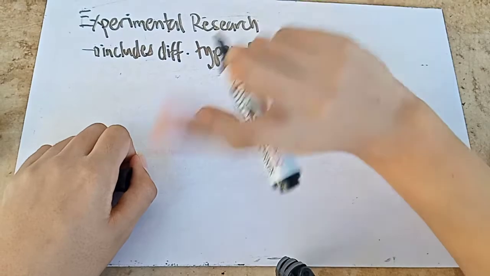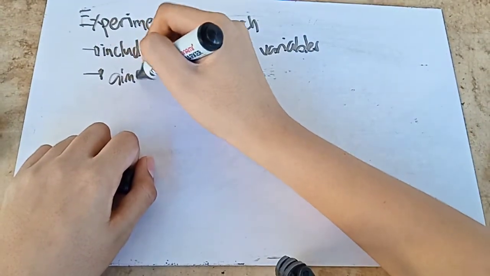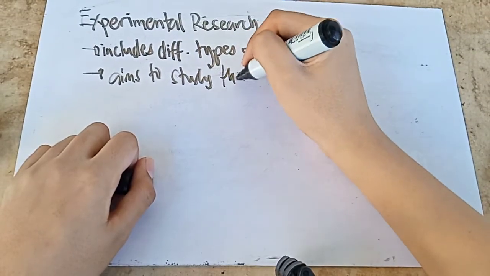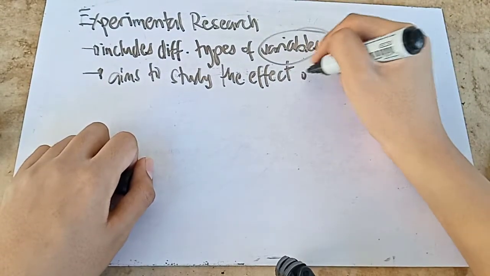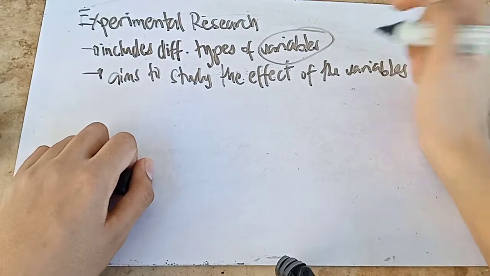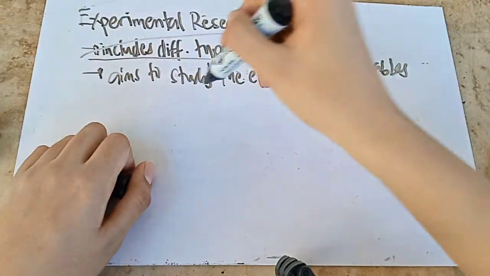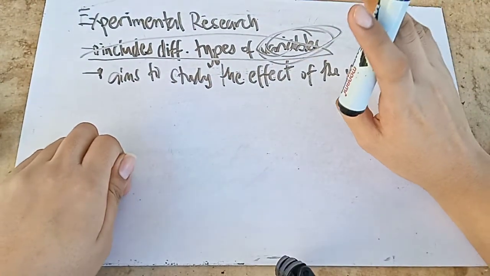Also, it aims to study the effect of these variables. Meaning to say, experimental research includes a lot of variables and it aims to study the effect of these variables towards one another. Okay?